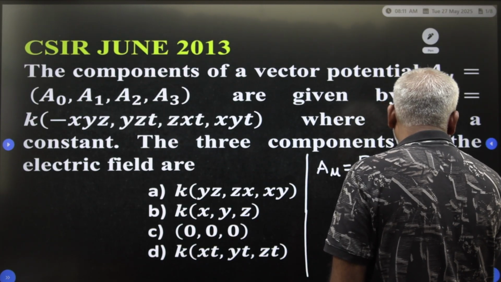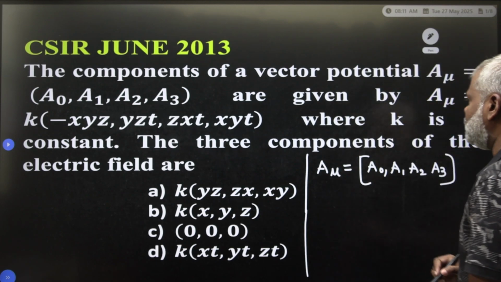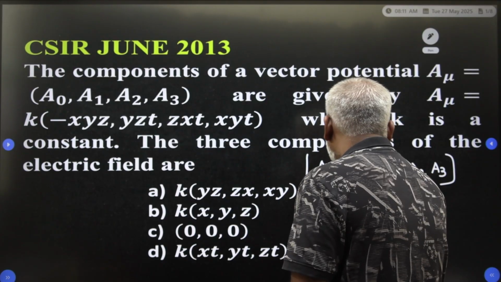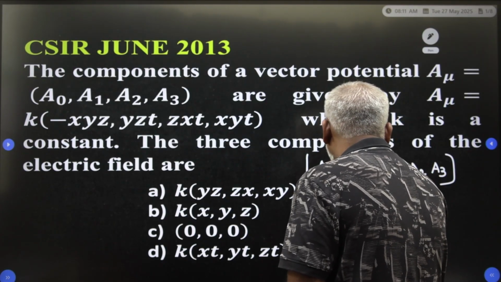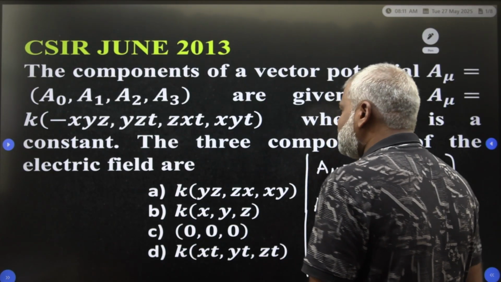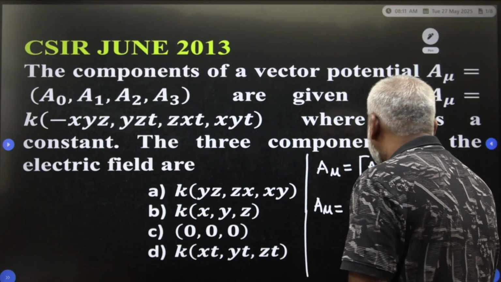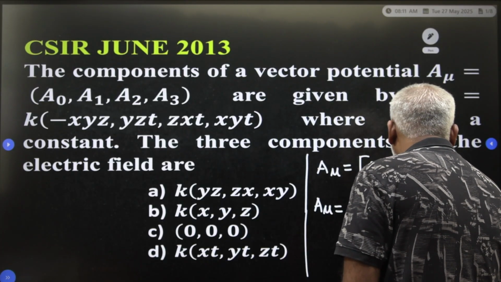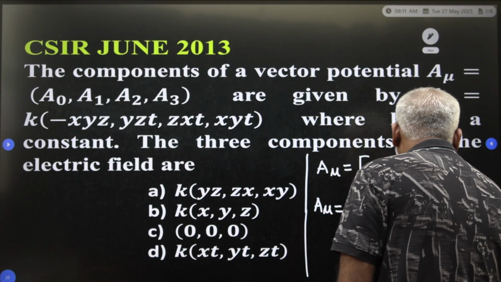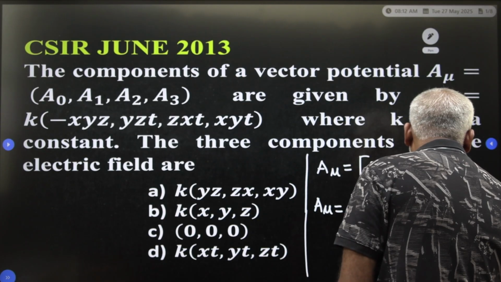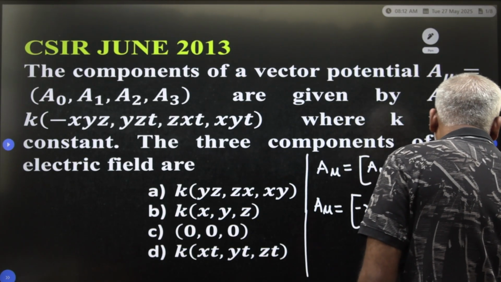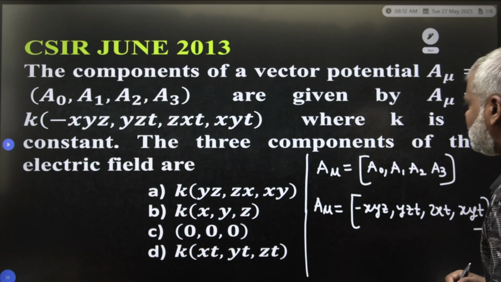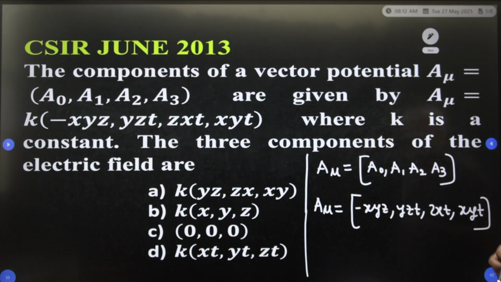The data they are giving is: minus kxyz, kyzt, kzxt, kxyt, where k is a constant.